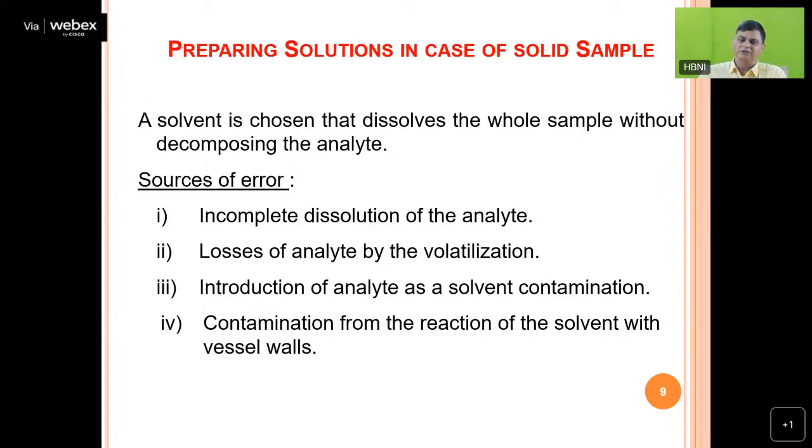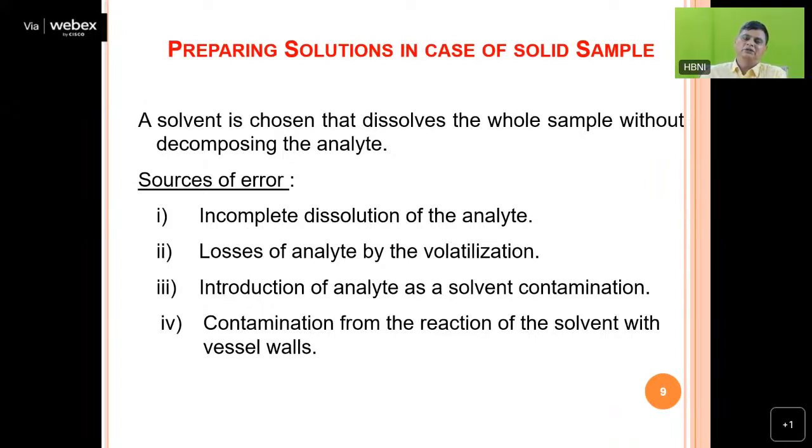And what are the sources of error here? Incomplete dissolution of the analyte, loss of analyte by volatilization, and introduction of the analyte as a solvent contamination. If you are doing the measurement in the range of ppb, then contamination due to the solvent has to be avoided, and actually we use ultra pure chemicals in that case.